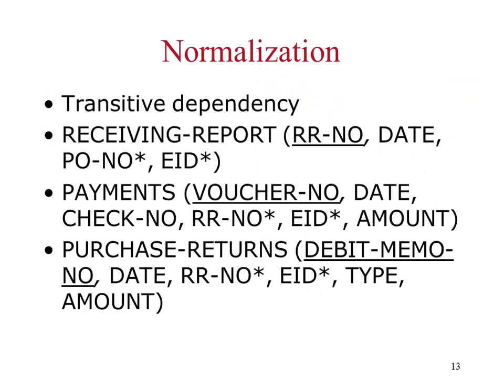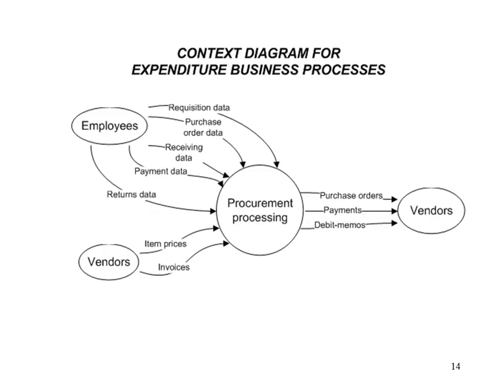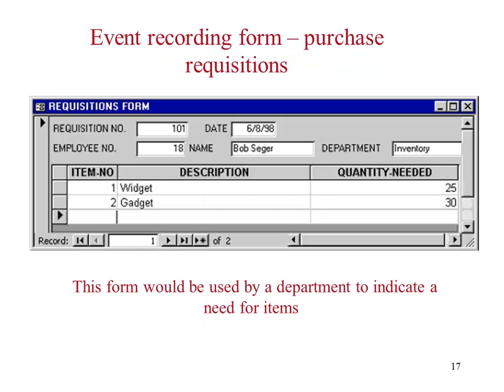Again, very easy, right? Let's go back. You have a requisition and you have what? Inventory, right? So for each requisition, you may have many inventory items. Because of this many part, you need some ability to input many items, right? And this embedded form allows you to embed many items for a requisition.